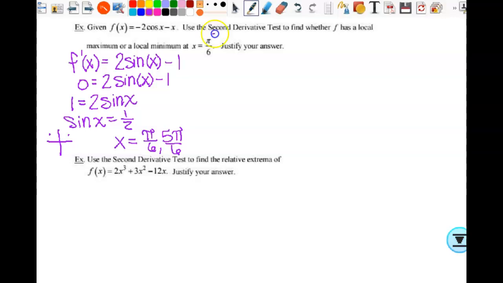It gave me the 0 basically, right? So I didn't really need to do all of that, but most of the time you probably won't have that and you'll have to do it anyway. But now that we have that, we also need the second derivative. So it doesn't hurt that we did it, but we'll talk about how we're going to look at it differently. So second derivative, go ahead and find the second derivative.